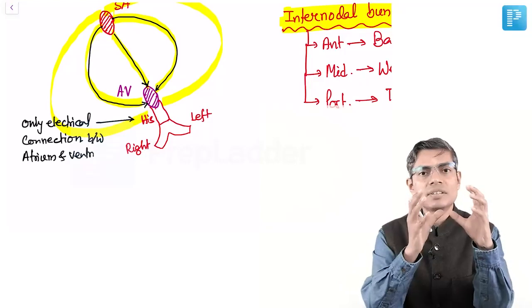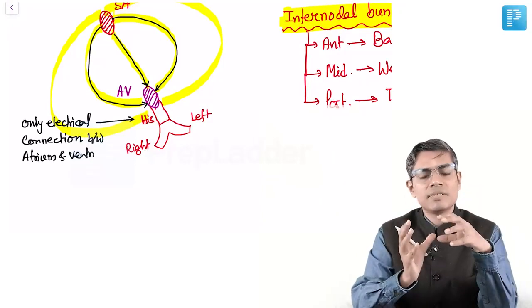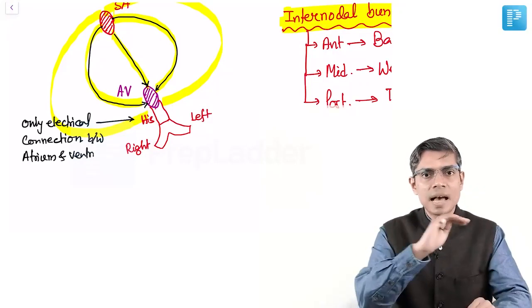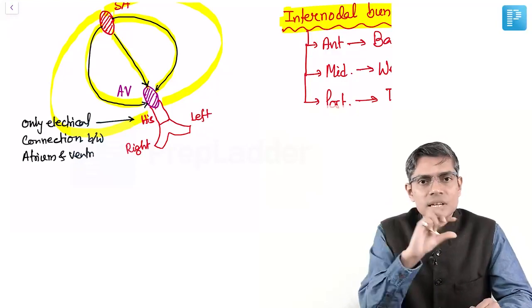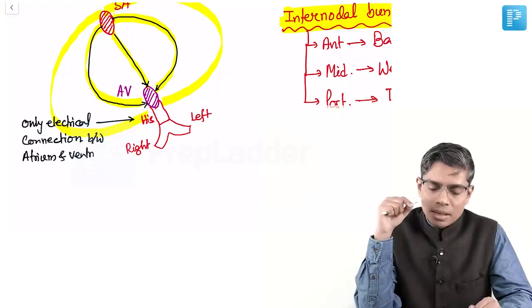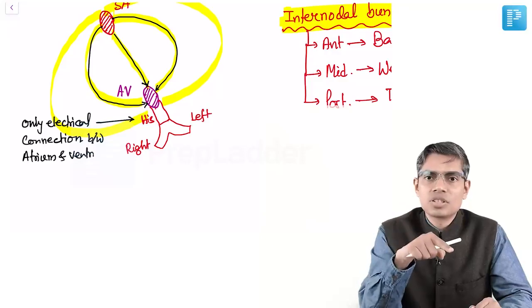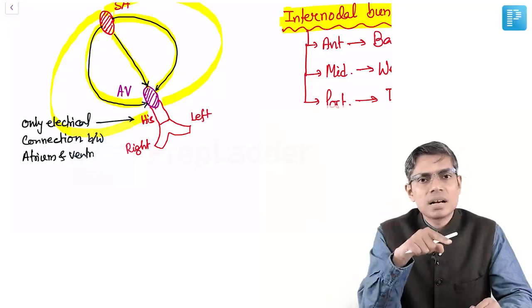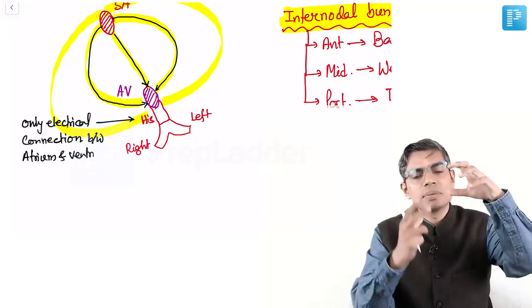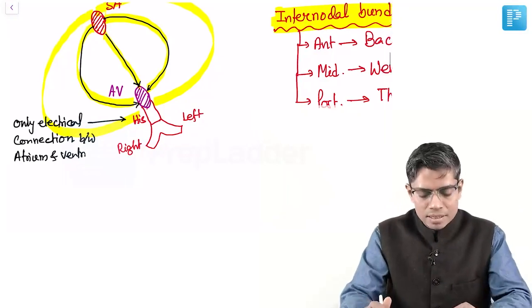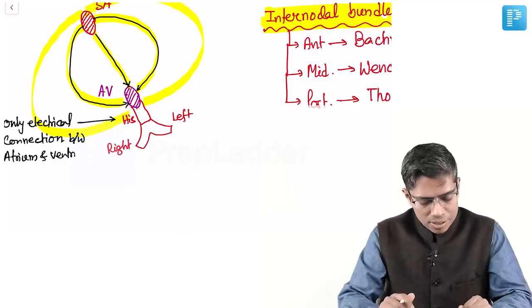Earlier I told you that atrium forms a separate syncytium, ventricle forms a separate syncytium, and in between there is a fibrous tissue ring. So the bundle of His pierces through that fibrous tissue ring, and it makes an electrical connection between atrial and ventricular tissue. That is the meaning of the only electrical connection.